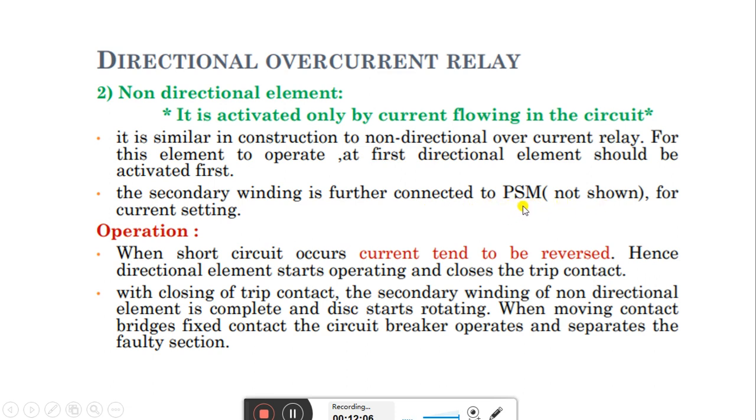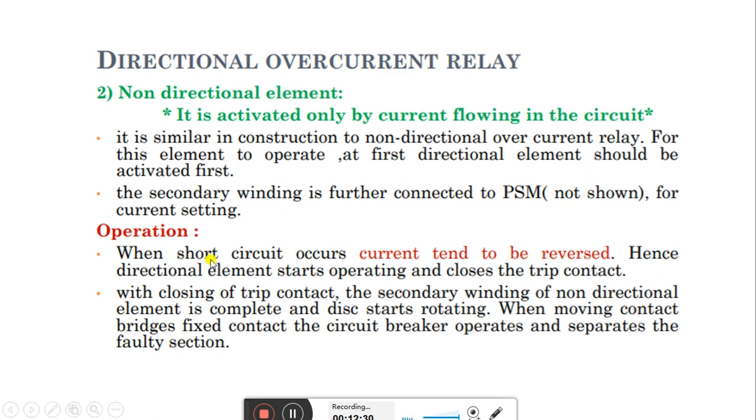PSM means plug setting multiplier. With it we can adjust the setting of the current, or the rating of the current, which will be supplied to the current coil. So the secondary winding is further connected to the PSM for current setting.